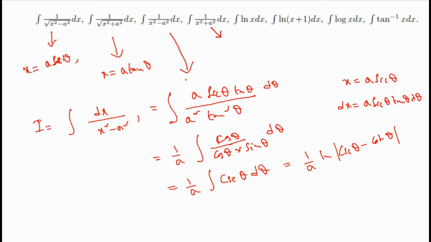Now for this one you can put x equal to a tan theta and just proceed accordingly. Now for this one we will use integration by parts. So integration ln x dx, you can just write it as 1 into ln x dx, so we will just differentiate that one and we will integrate this one.